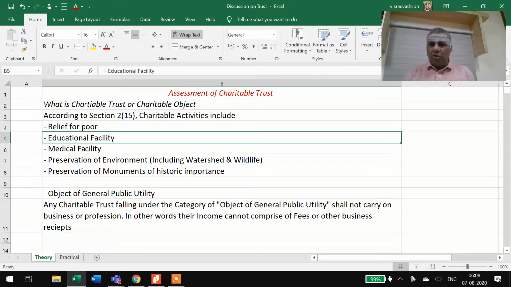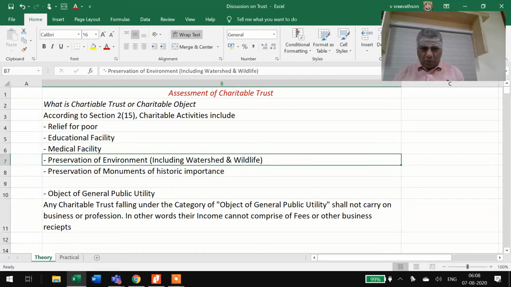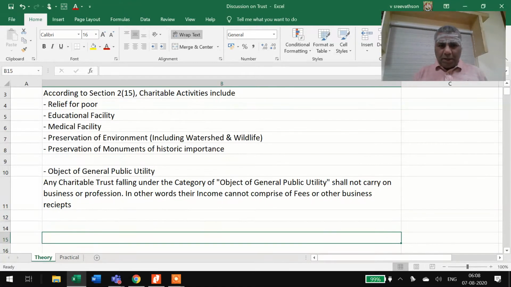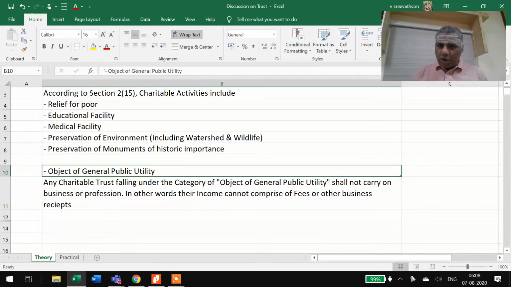You all know that their main income is fees only. Medical facility cannot have such a restriction because their main income is patient receipt or fees only. So the law prohibits entities or charitable organizations falling under the last limb, that is object of general public utility, from carrying on any business or profession.